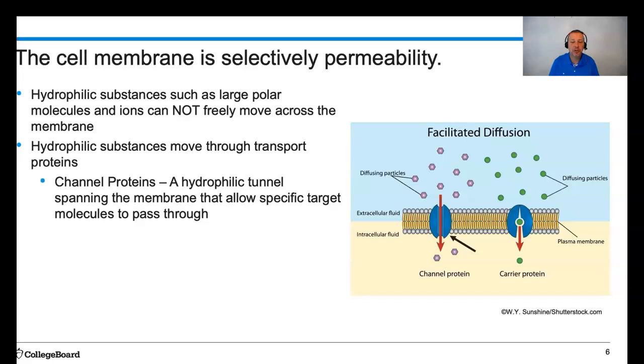It has to be permeable for it to go through. So for that reason, it has to go through a channel. Okay?